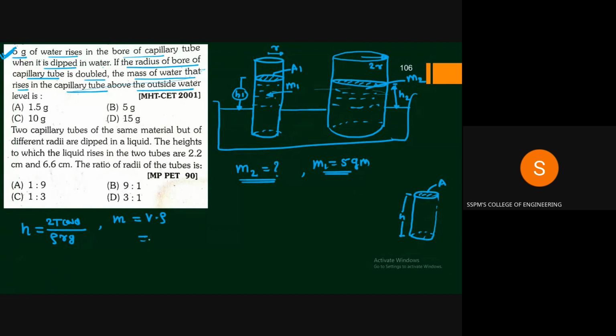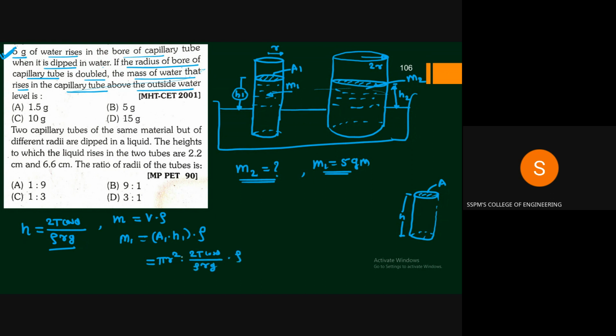So similarly here, for the first case I can write initial mass m1 is equal to area A1 into the height H1, into density rho. So A1 is pi r square. What is H1? From this formula, it is 2T cos theta upon rho rg, into the density.